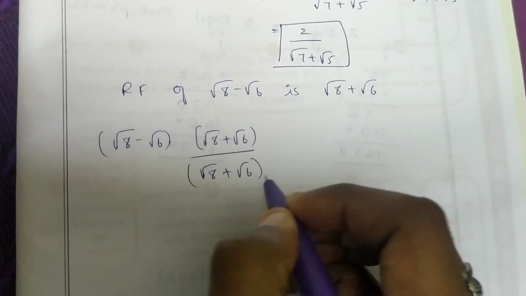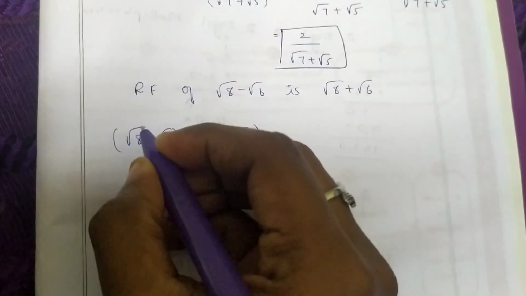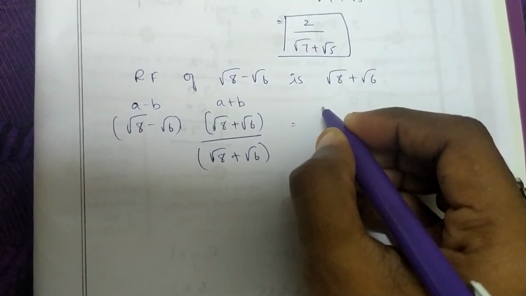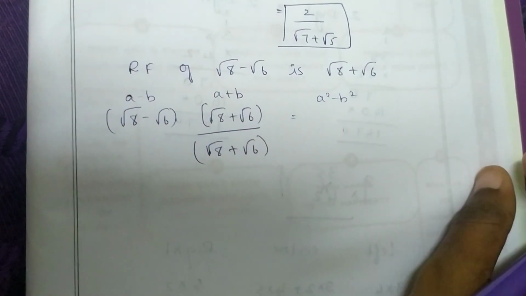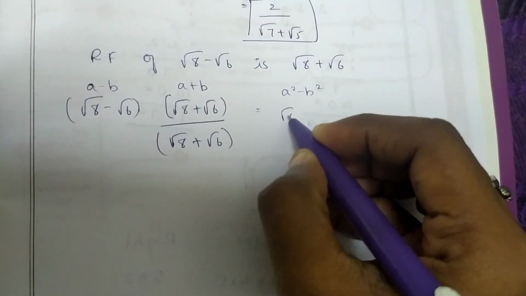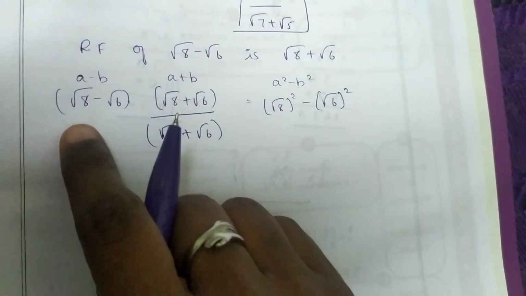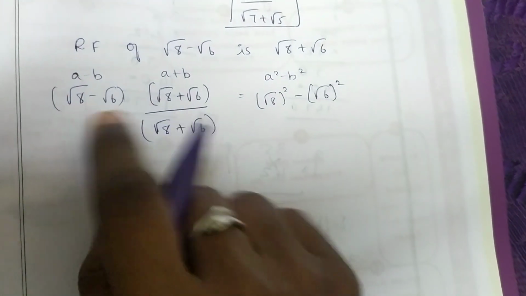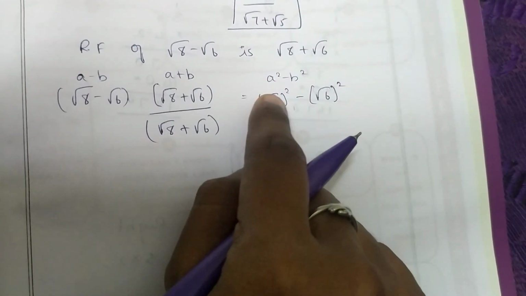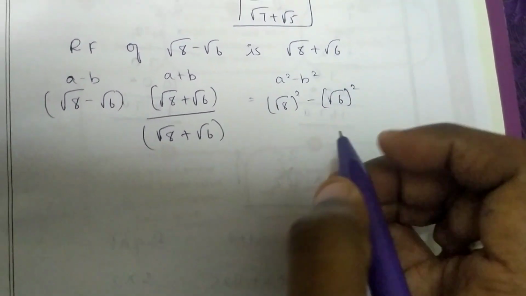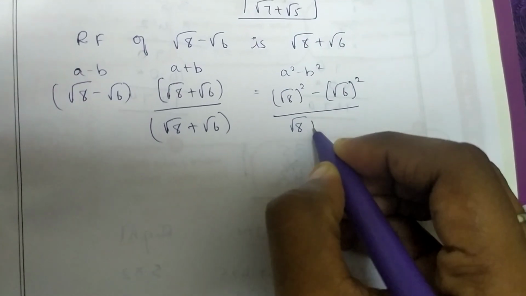This is also in the format of a minus b into a plus b, so it is a square minus b square: root 8 the whole square minus root 6 the whole square, divided by root 8 plus root 6.